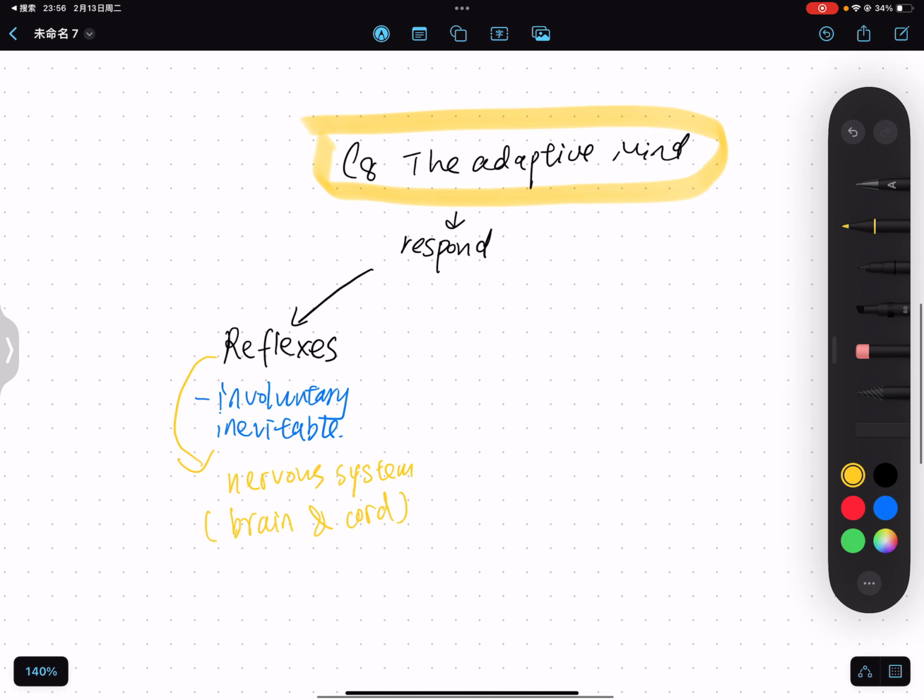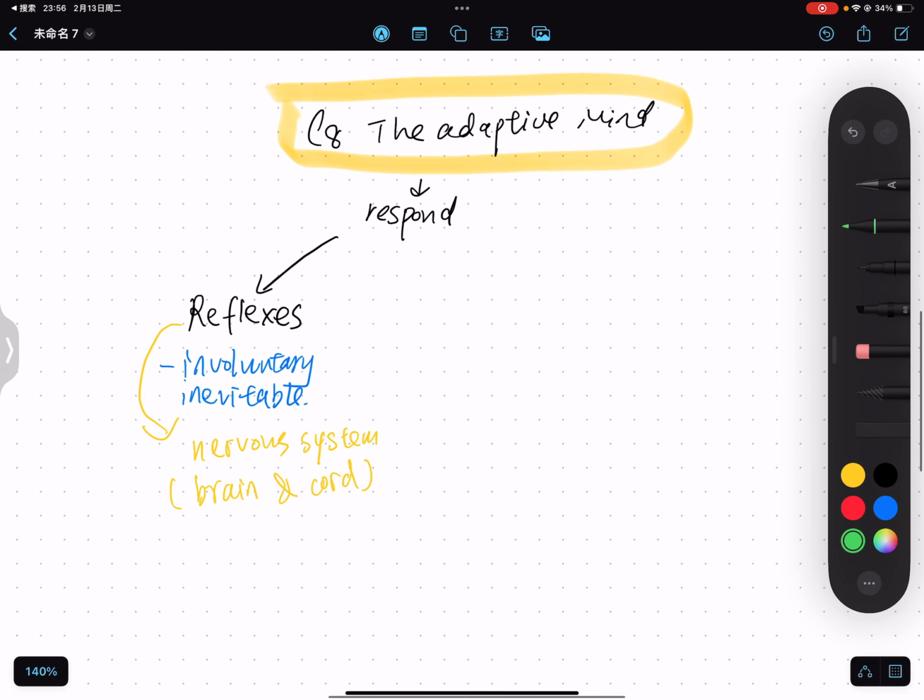So, reflexes are really fast and reliable responses. For example, the knee tapping is one of the reflexes.